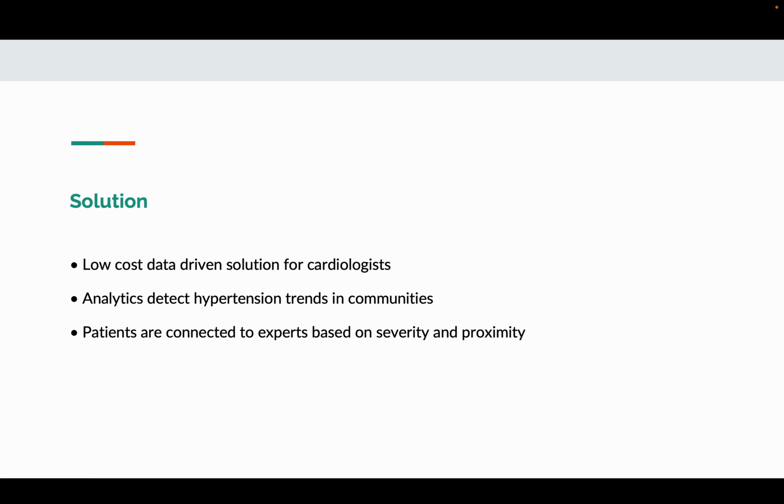And then patients are connected to experts based on how serious their problems are. So if you do what is recommended using the application that is built, your health should do well. If that doesn't happen, based on the records that are collected, the experts are able to monitor how you are going, and they can tell if your situation is getting worse.